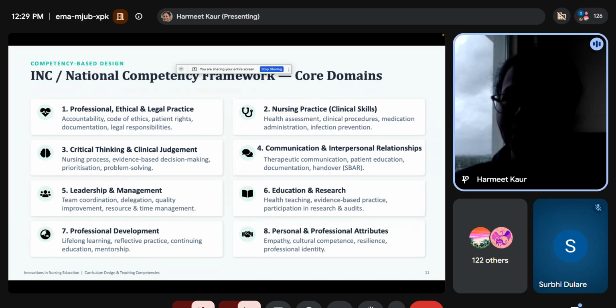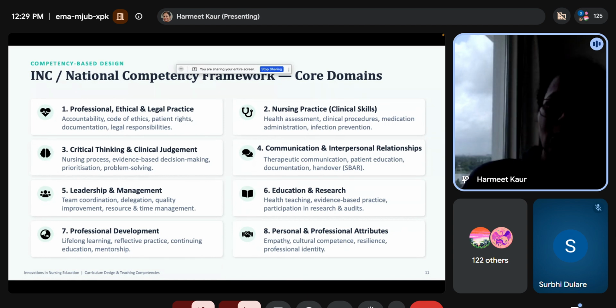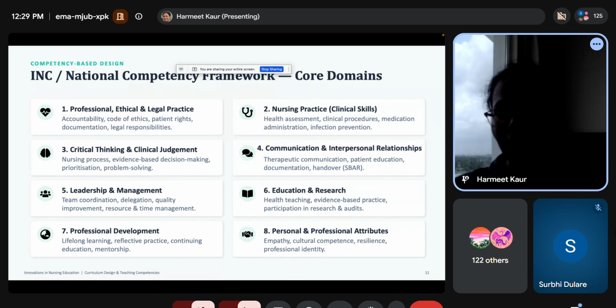How are you communicating with the dietitian and other professionals? Particularly in therapeutic communication, don't forget SBAR for handover, where you will not miss out anything. You have to see what is the situation, what is the background, what have you assessed, and what are the recommendations. That is very important.